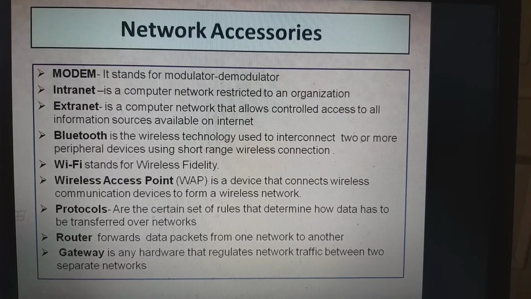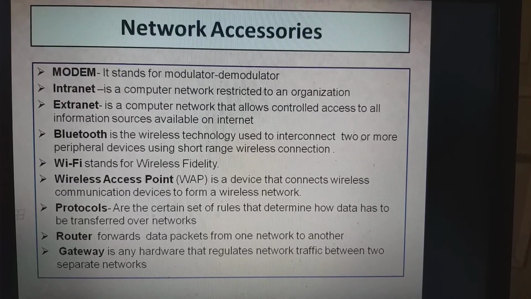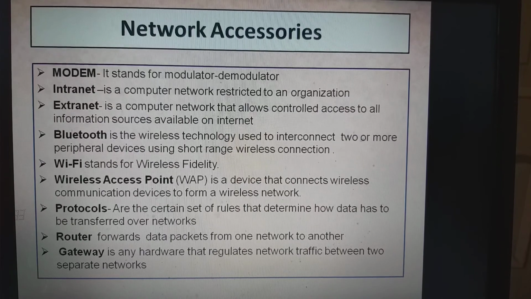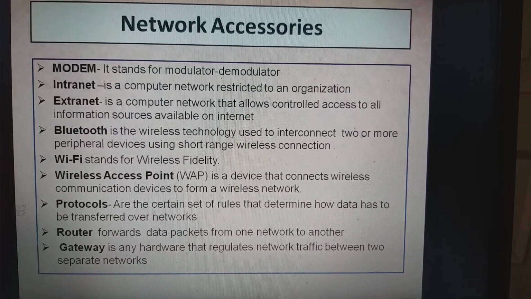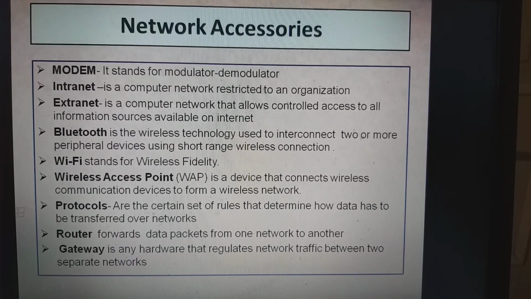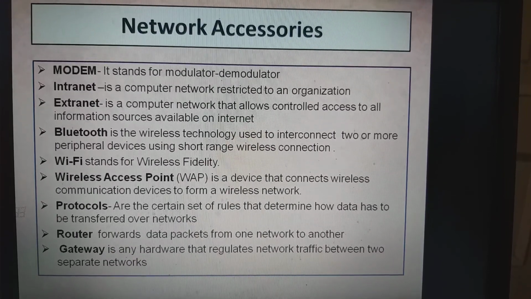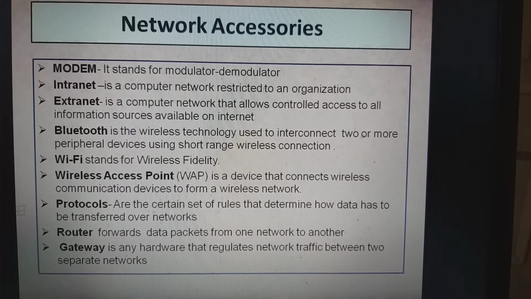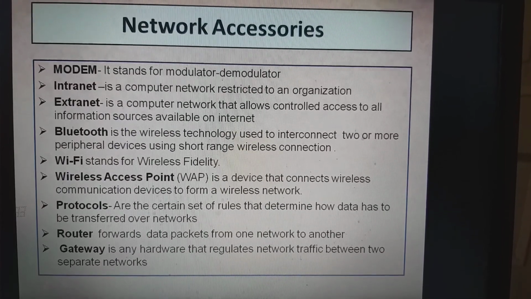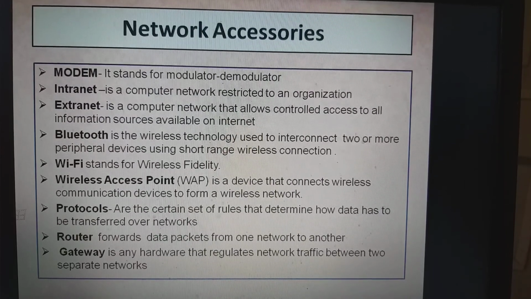Wireless access point is a device that connects wireless communication devices to form a wireless network. It is also known as wireless application protocol. Now, protocols are a certain set of rules that determine how data has to be transferred over networks. Router. Router forwards data packets from one network to another.